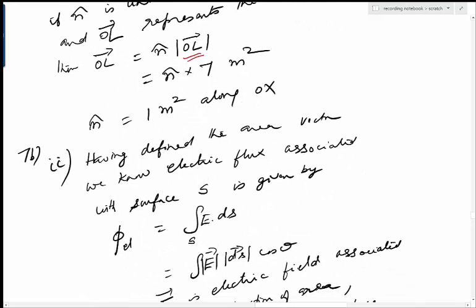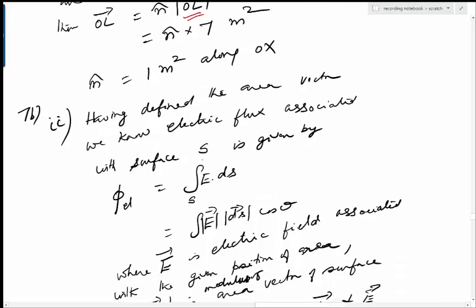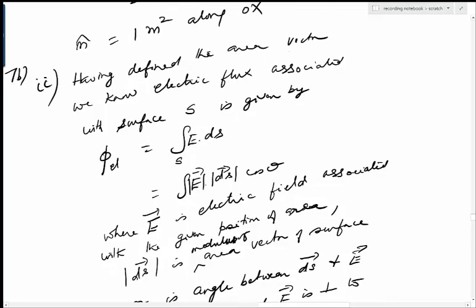Having defined the area vector, we know the electric flux associated with the surface is given by the integral of E dot ds. The surface can be open or it can be closed. Now E dot ds is modulus of E vector times modulus of ds vector, that is the area vector, times cos theta, which will be my phi electric, or more specifically d phi electric, the small elementary electric flux associated with an elementary area.